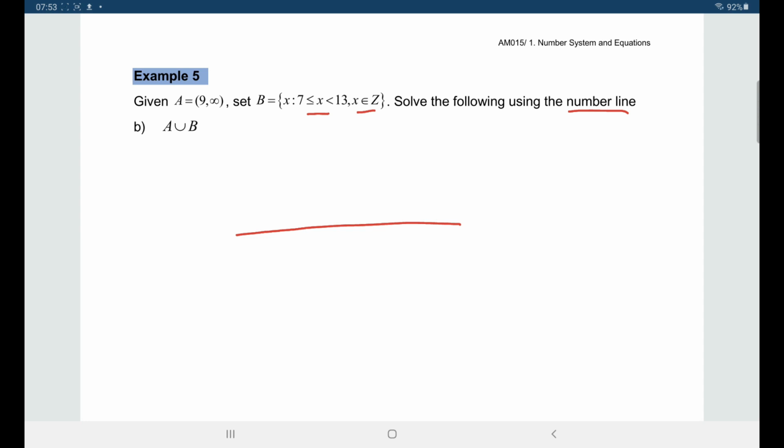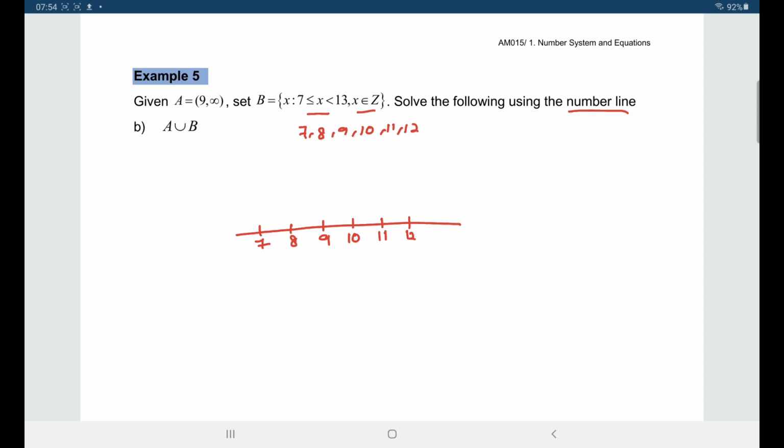Okay, from both A and set B, the smaller value to higher value are 7, 8, 9, 10, 11, 12 and infinity. Mark the value on the number line.